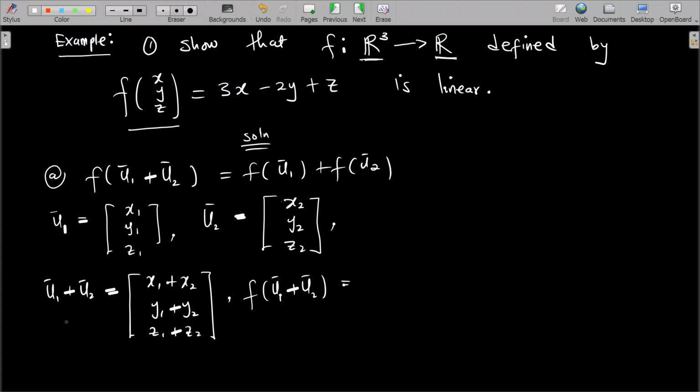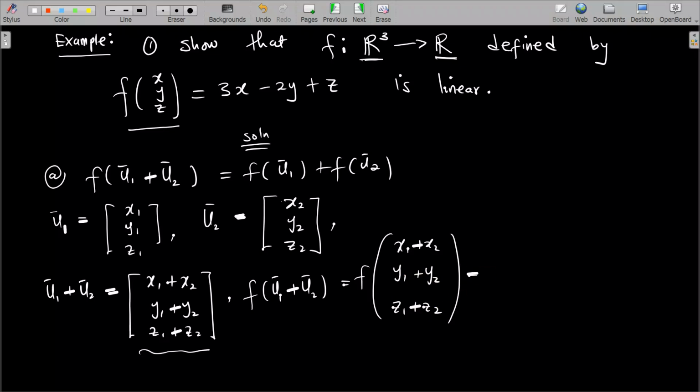F of u1 plus u2, this is u1 plus u2, and then f of u1 plus u2 is going to be f of what we have here, f of the whole of this. So it's going to be f of x1 plus x2, y1 plus y2, z1 plus z2, right? And what is the definition of f?